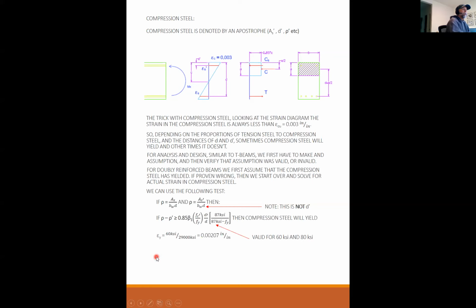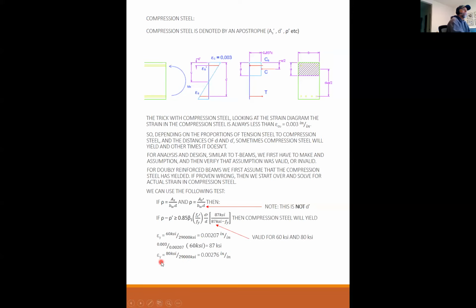So epsilon y for 60 is 60 over 29,000, which is 0.00207. And this is how this ratio comes to 0.003 divided by 0.00207, the yielding strain, times 60 ksi, which is 87 ksi.